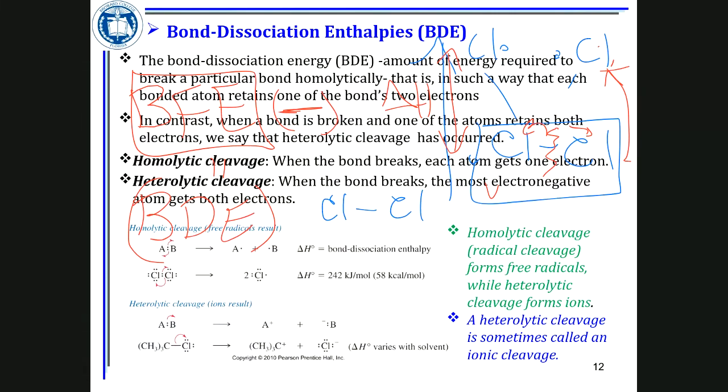Bond dissociation is the energy required for the bond to break, to go to the atomic level, because going from more stable to less stable is going to be a positive value for delta H because it's endothermic, or the energy has been consumed. So we get a positive value for bond dissociation energy.